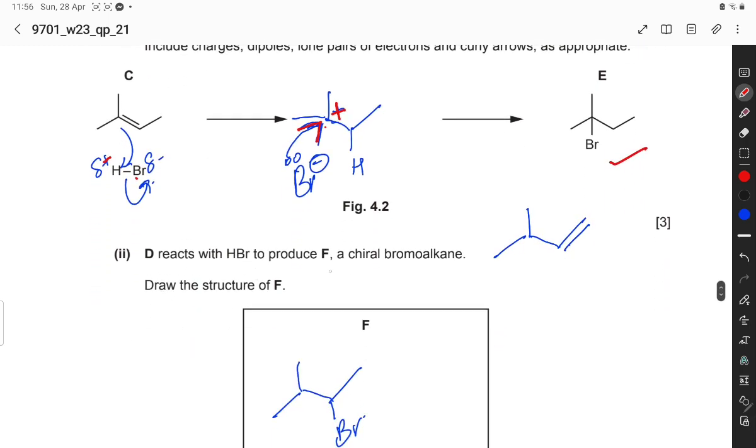D reacts with HBr to produce F, a chiral bromoalkane.